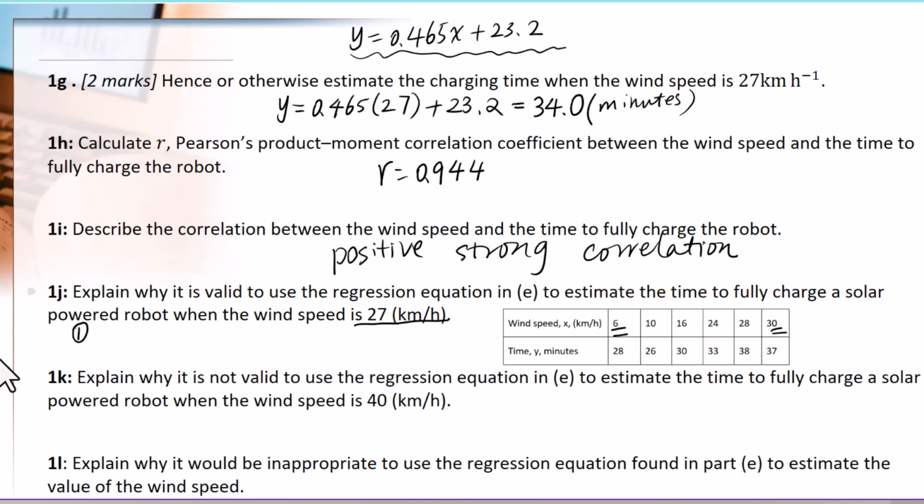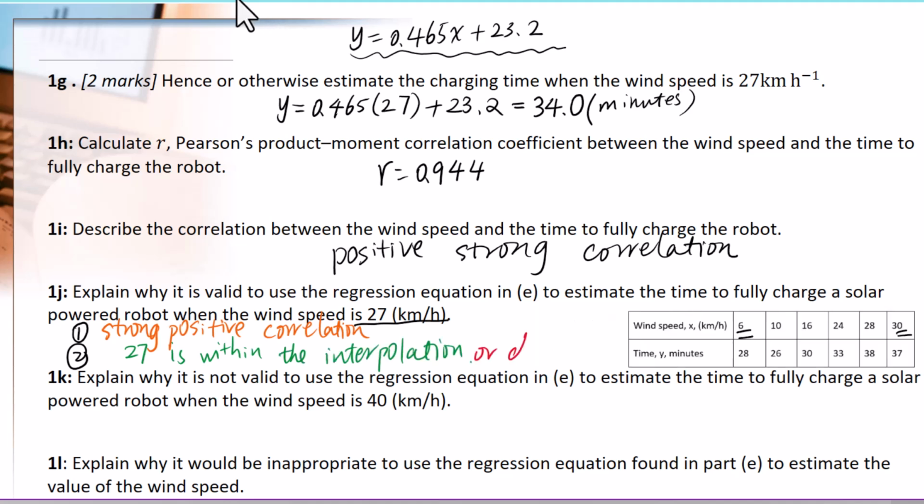There are 2 reasons. First reason, strong positive correlation. If the correlation is weak, you cannot use this regression line to estimate the time.